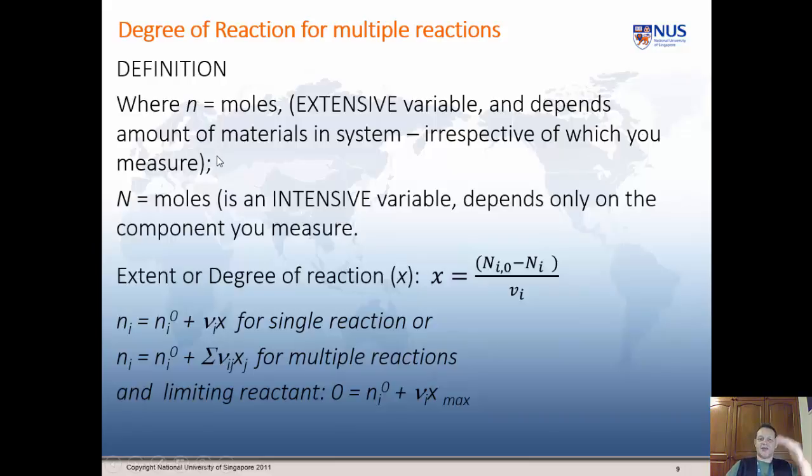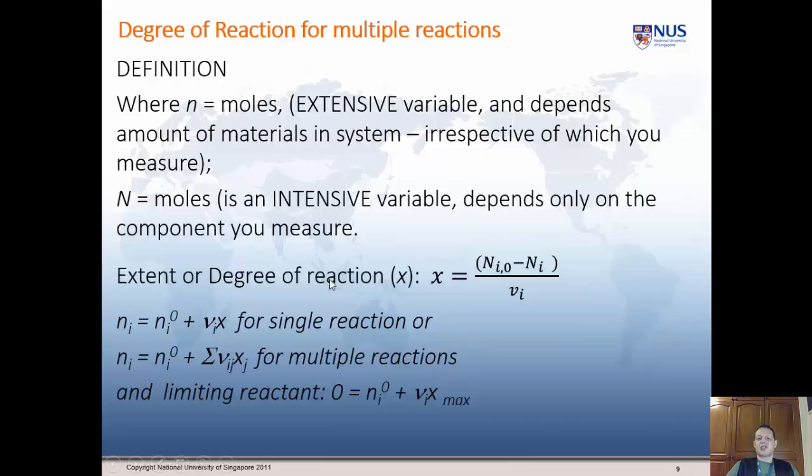As a chemist, I'm sure you're familiar with moving between those. Little n, same units as an intensive variable, depends only on the component you measure. In this lecture course, mostly I'm using N in terms of molecules and little n in terms of moles, but it is not desperately important whichever way around you do it.